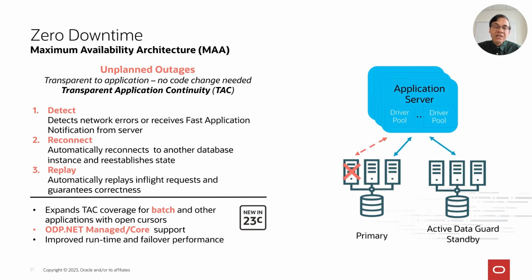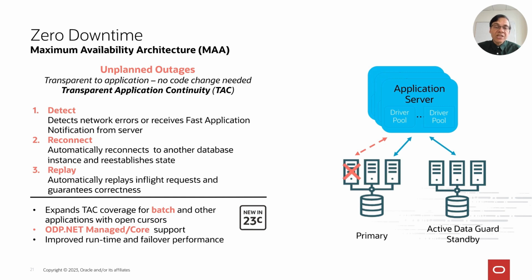Now let us talk about what is coming new in 23c. So far, transparent application continuity works pretty well for OLTP applications, but we see that there are a lot of batch applications and some other applications where the cursors are kept open for a very long time across a large number of transactions.